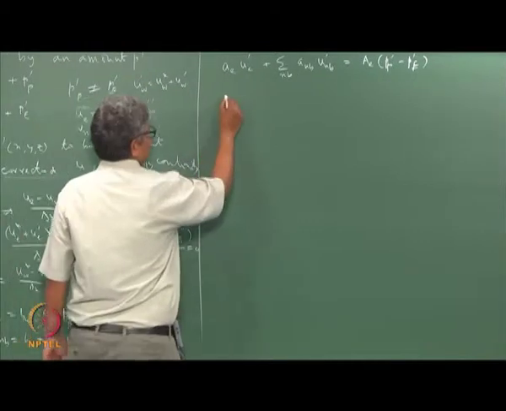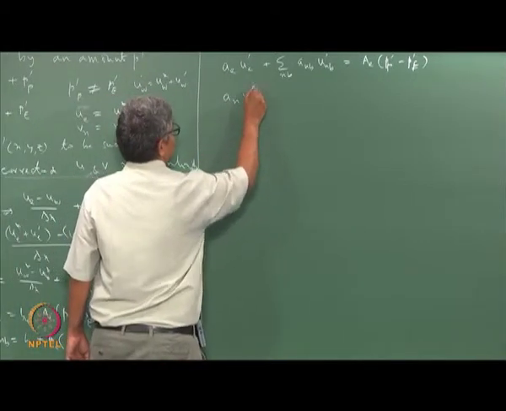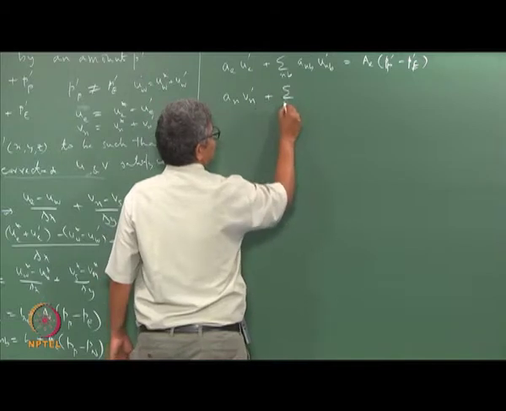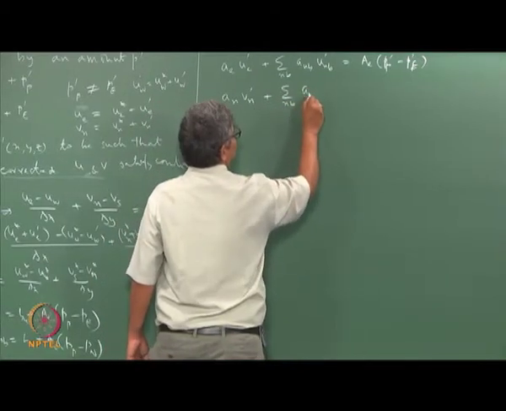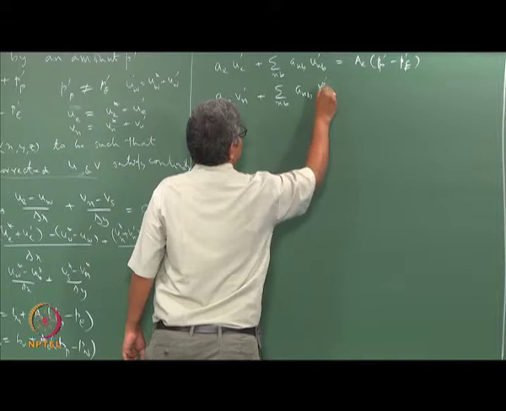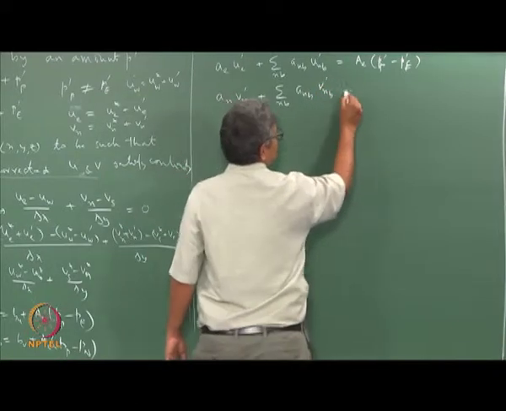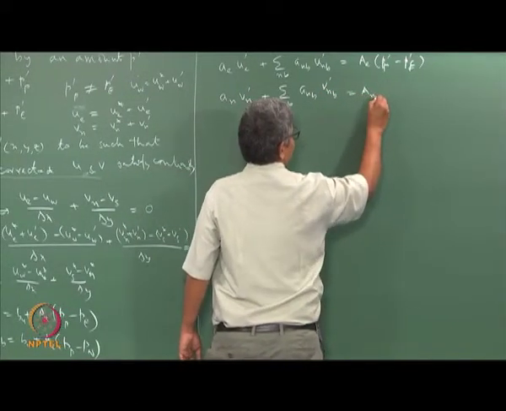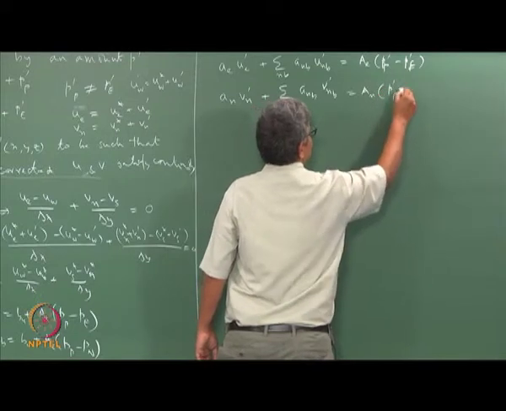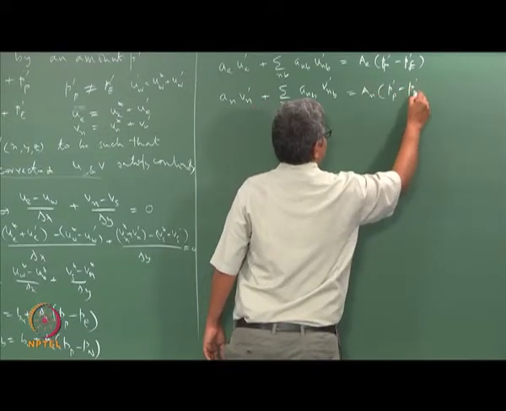Similarly, we can write an vn prime plus the sum over neighboring quantities anb vnb prime equal to an times pp prime minus pn prime.